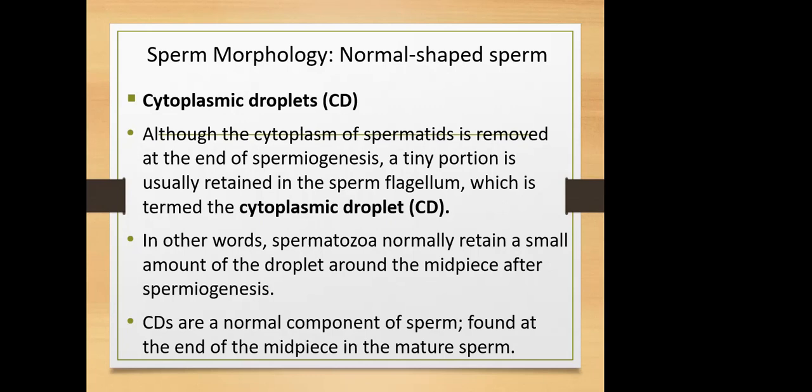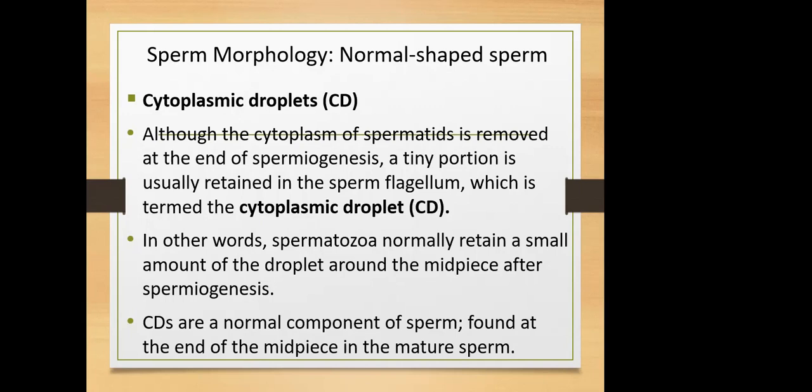Now, we remember we said that the Sertoli cell is in control of all this, right from the beginning of the germ cell development up to the last point. Now, we said that the cellular elements which are not so needed will have to be phagocytosed.